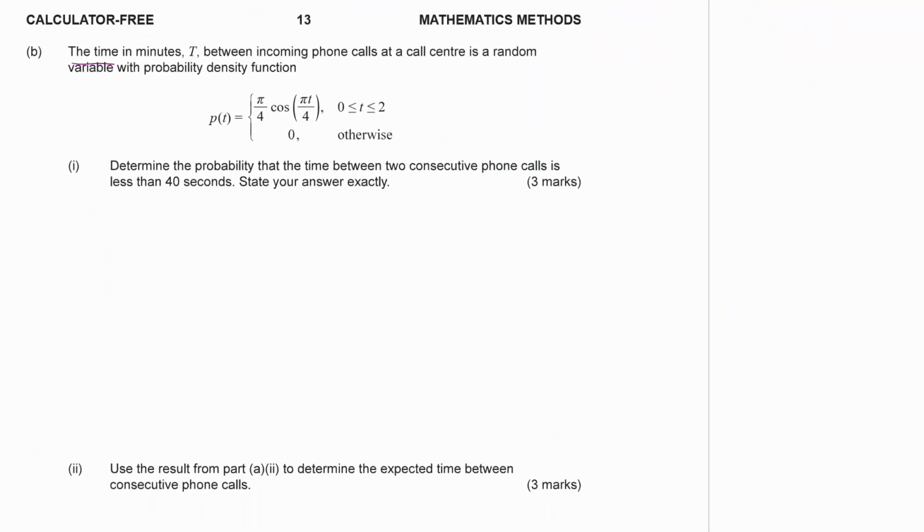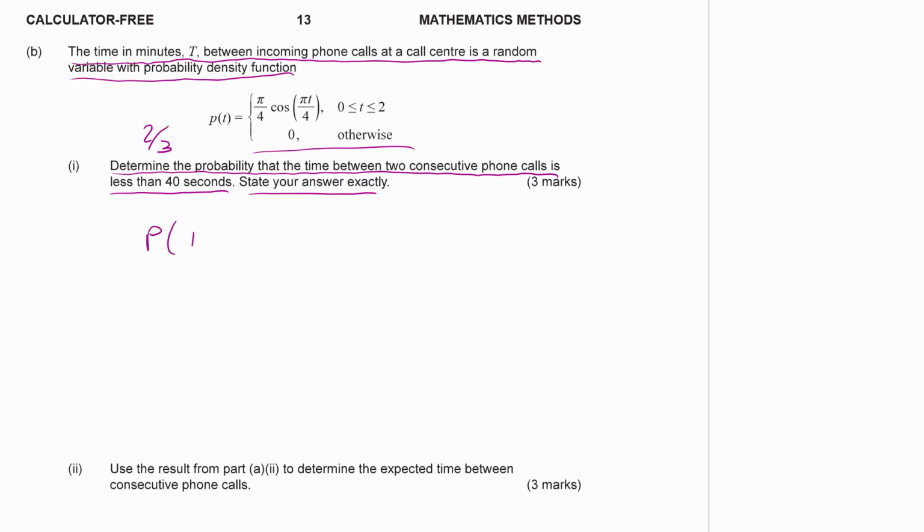The time in minutes, t, between incoming phone calls at a call center is a random variable with probability density function given here. Determine the probability that the time between two consecutive phone calls is less than 40 seconds. And since this is in minutes, that's 2/3 of a minute. State your answer exactly.